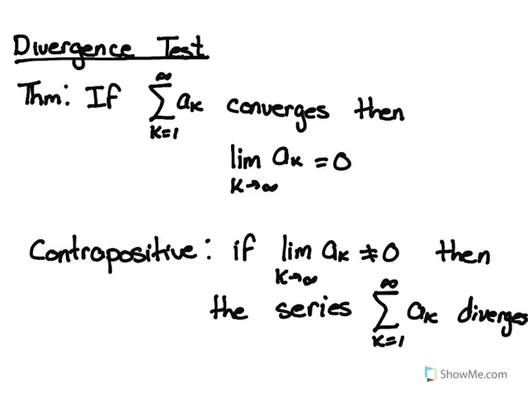Right? So if a series converging implies that the limit of the sequence is equal to 0, then if the limit of the sequence a_k is not equal to 0, the series must diverge. And this is the reason it's called a divergence test.